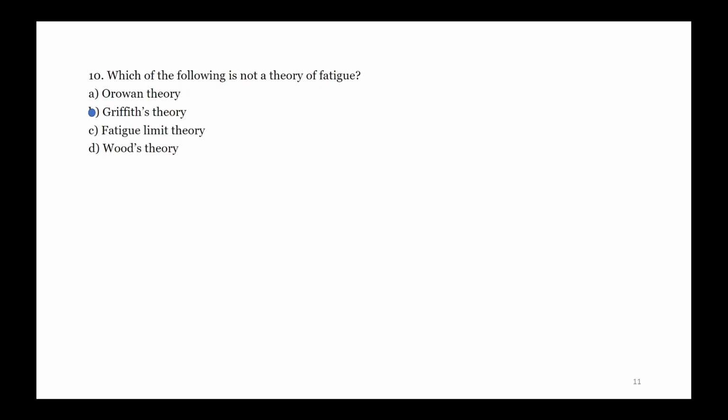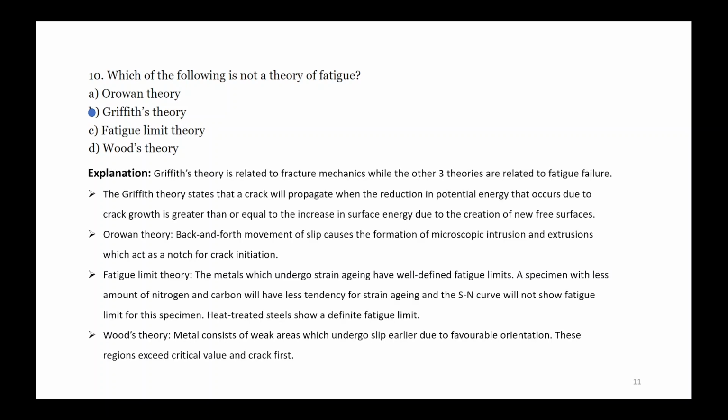In case of fatigue, Orowan theory, fatigue limit theory, Wood's theory, and dislocation movement theory are the ones that are used. Griffith's theory is related to fracture mechanics, while the other three are related to fatigue failure.